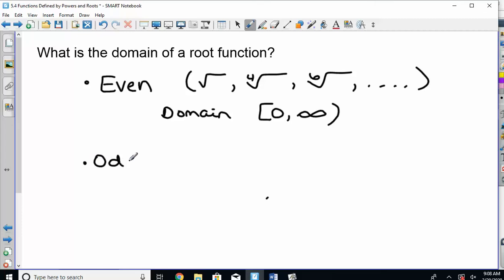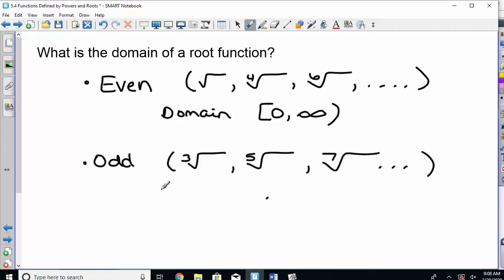If we are talking about an odd root, so like a cube root, 5th root, 7th root, and so on. Can you do the cube root of 8, for instance? Can we do the cube root of a positive? Yeah, cube root of 8 would be 2. 2 to the 3rd power is 8. Can you do the cube root of -8?